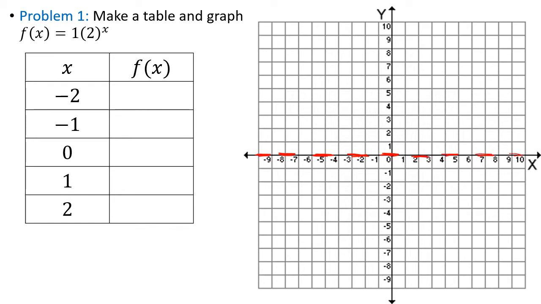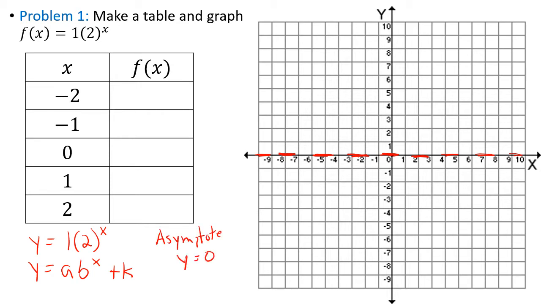When you look at this equation, you have y equals 1 times 2 to the x, which is the same as y equals ab to the x plus k. But you don't have a number here, therefore it's 0. That makes your asymptote 0. Please always make sure you draw your dashed line indicating where it is.